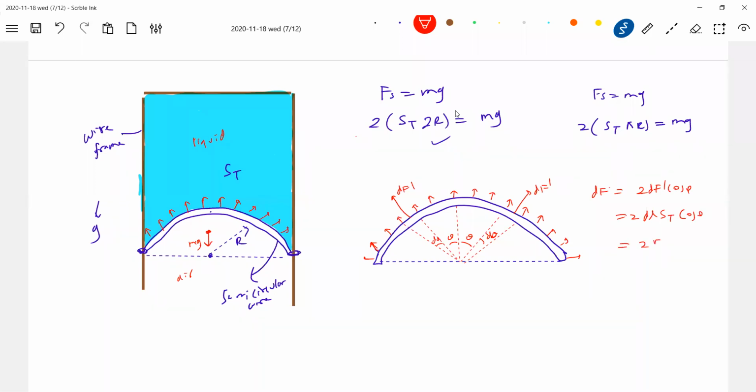R d theta. So 2 STR cos theta d theta, from 0 to pi by 2. And tell me, from where will pi r come?